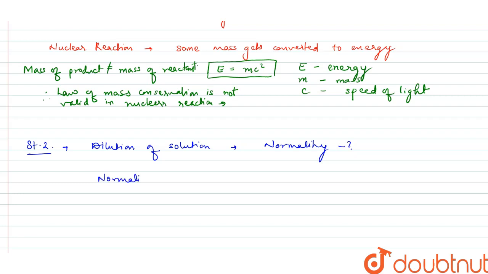It is a measure of concentration. Normality N is equal to grams of solute divided by volume of solution, into equivalent weight of solute.